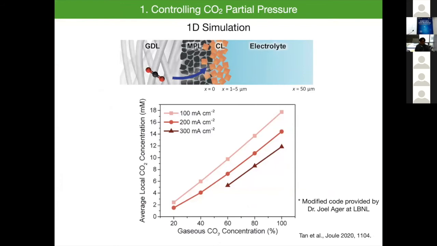So we also did this 1D simulation, provided by Dr. Joel Ager at LBNL, to verify our idea.